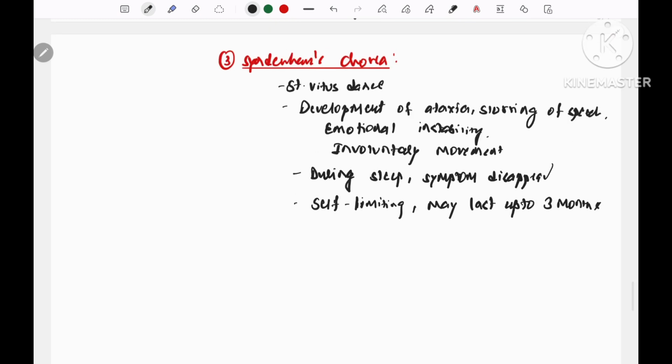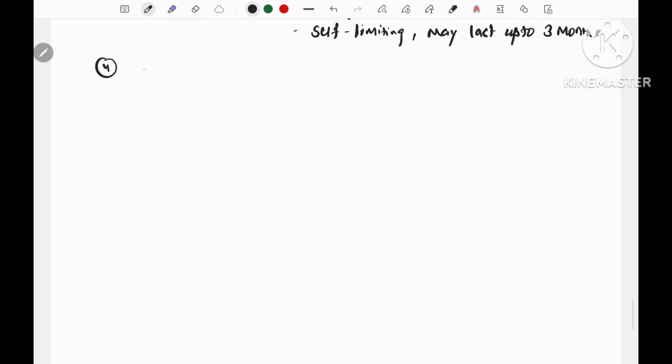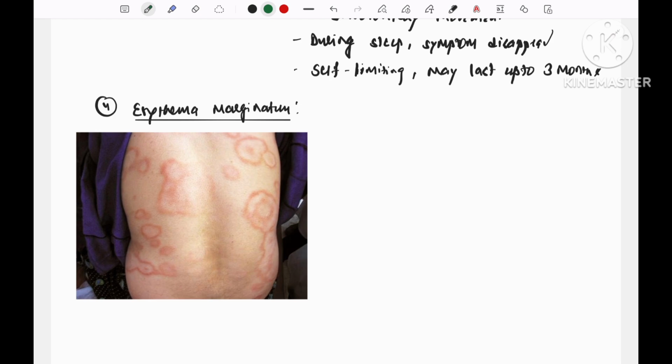Fine. Now we will talk about the fourth feature, which is erythema marginatum. I will show you a picture of erythema marginatum. What we are seeing is a macular erythematous rash. It is not raised.